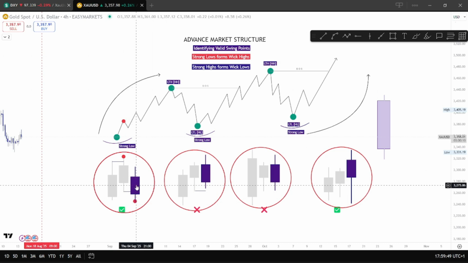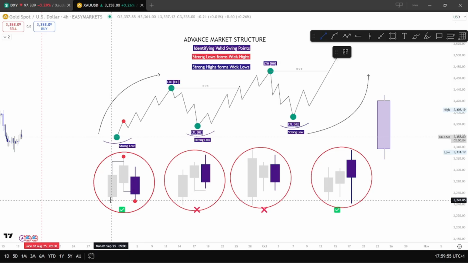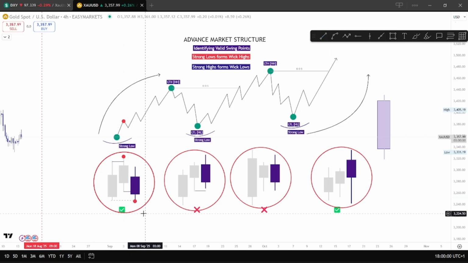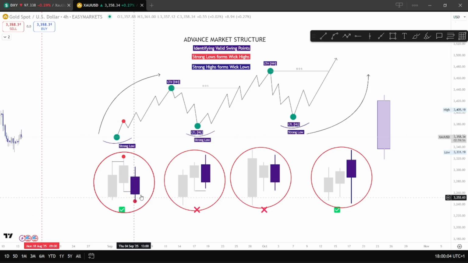Now, the valid pullback doesn't necessarily have to sweep the low of the first candle here. It is not compulsory. What we need to see for a valid pullback, before a reversal of the market back to its original direction, is just the sweep of the previous candle, which is what we're already seeing right here.